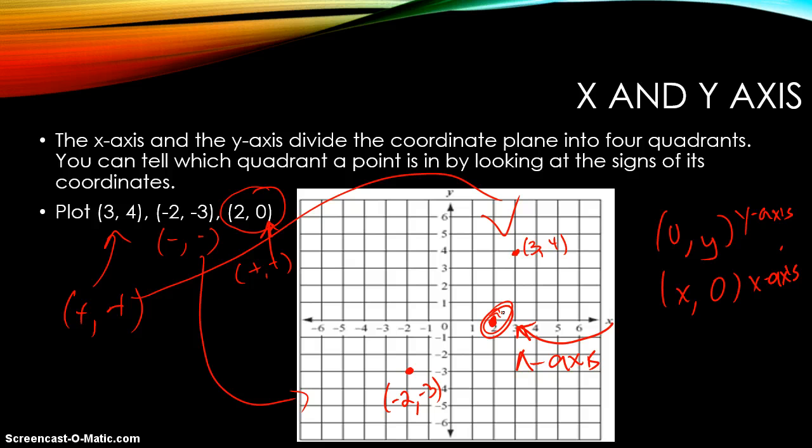It is on the x-axis. It's very important you understand that. For example, if I gave you 0, -5, the 0 tells me the x is 0, and you go down 5 right here. So that is not in a quadrant, that is on the y-axis.